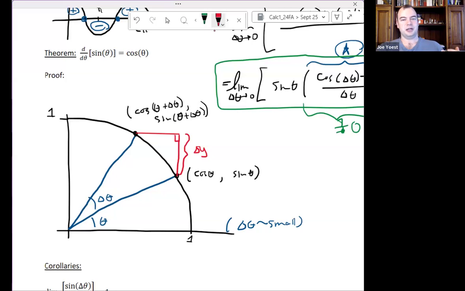I see that change in height, I'll call delta y. And what is that? It is sine of theta plus delta theta minus sine theta. No parentheses needed there. So that's what delta y is.